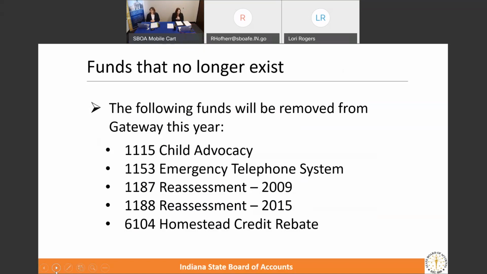Any amount that was not used was to be returned to the state. So the only amounts left in this fund really should be for uncashed checks that should have gone to unclaimed property. And there might be some possible interest in there which the county could keep. Any outstanding checks from the homestead rebate need to be remitted to the Attorney General as unclaimed property.